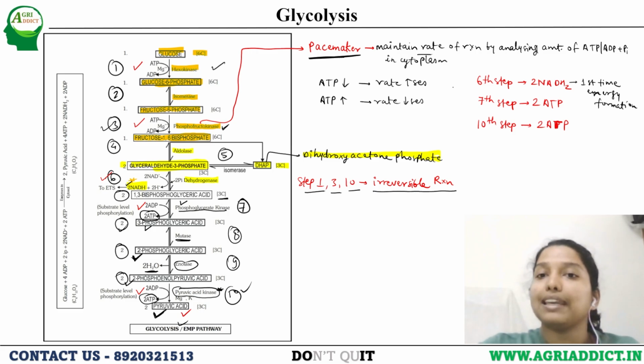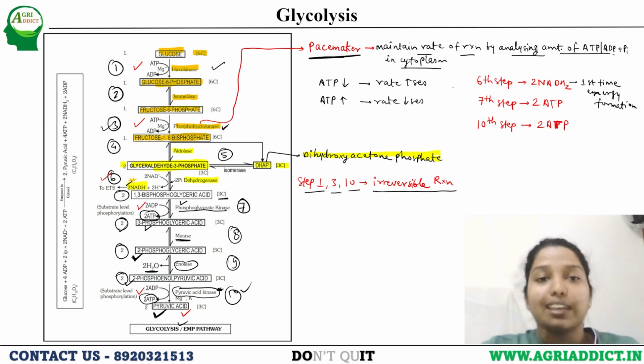Because it maintains the rate of reaction by analyzing the amount of ATP or ADP plus inorganic phosphate present in the cytoplasm. Based upon the concentration of ATP or ADP plus inorganic phosphate, this process can move forward with the help of this enzyme.